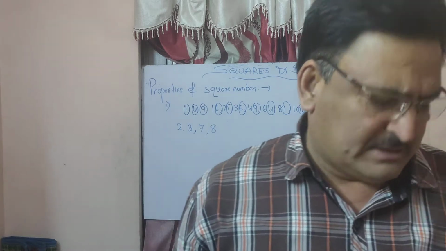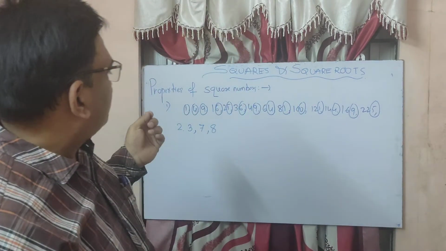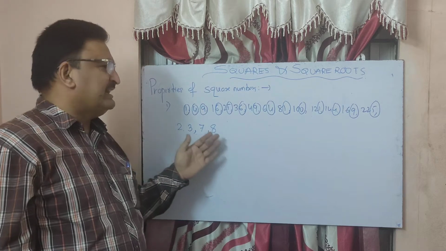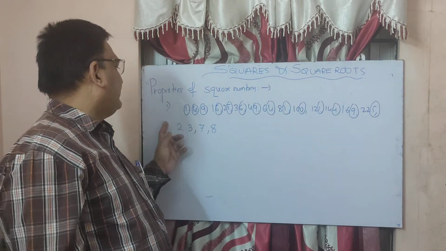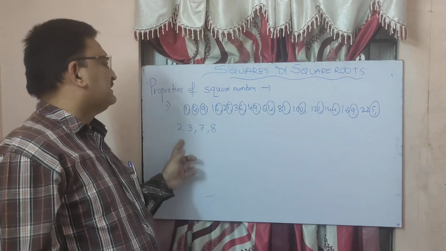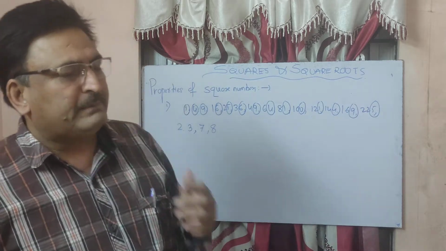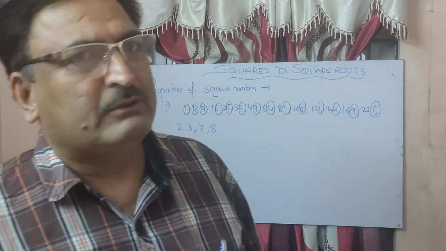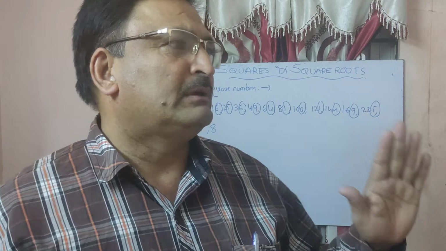All square numbers, if 2, 3 and 7, 8 are in the unit place, then they cannot be perfect squares.